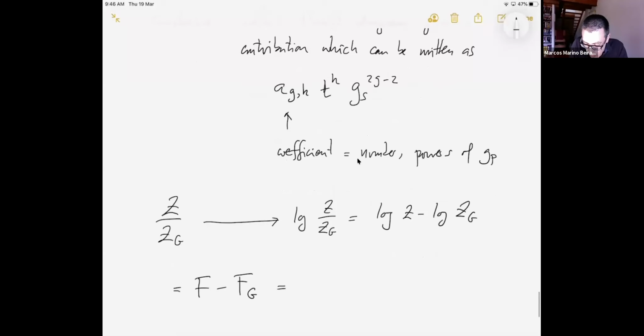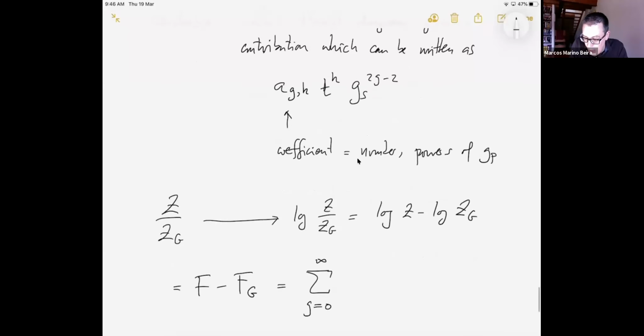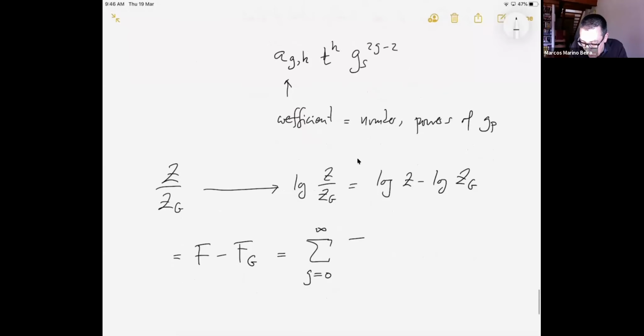And this is going to be a sum over all possible genera, g equals 0 to infinity, of the diagrams. And then you will have a sum over all possible number of holes, for each genus. And then you will have this double series in the 't Hooft parameter and in g_s. This is just a universal property that you will have.